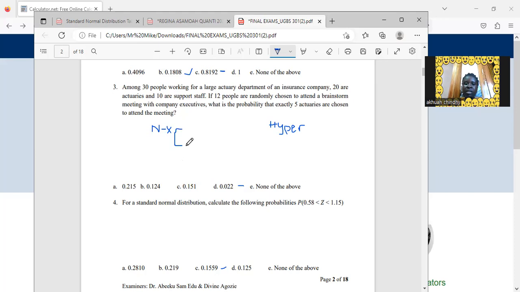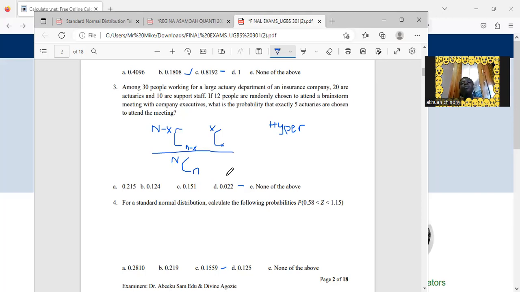Then we have combination, capital N minus capital S, combination small n minus small x, and then we have big S combination small x. So this is a combination question. All divided by big N combination small n. So this is the formula for hypergeometric distribution.